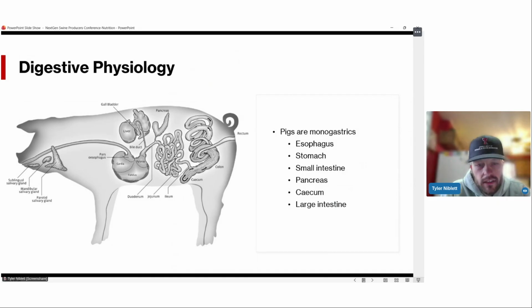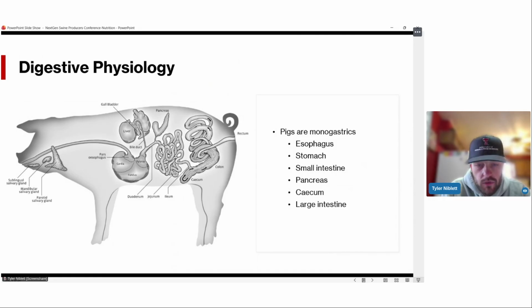The small intestine is broken down into three parts: the duodenum, the jejunum, and the ileum. From there, we transport digesta into the cecum, which then is where poor digestion of cellulose and other fibers occurs. And then we end up in the large intestine, where the majority of our water absorption occurs.